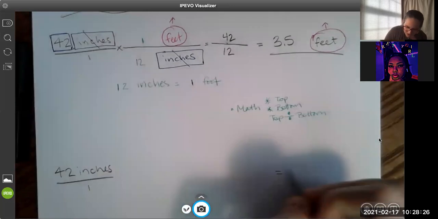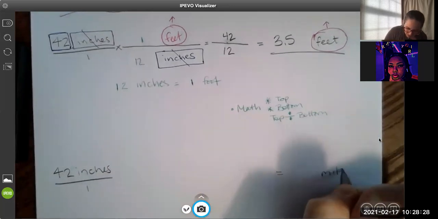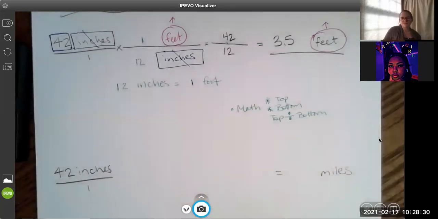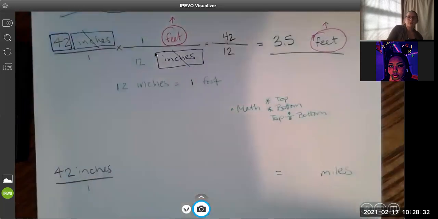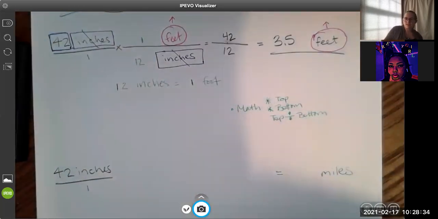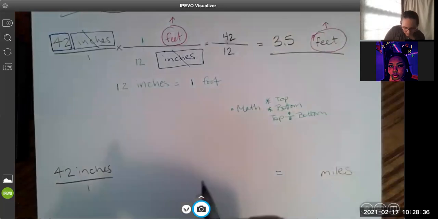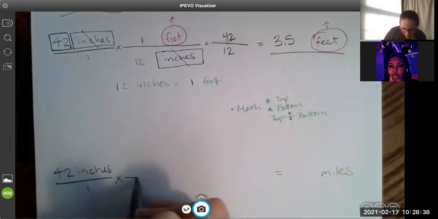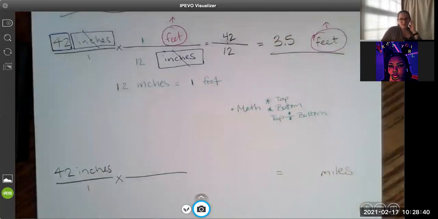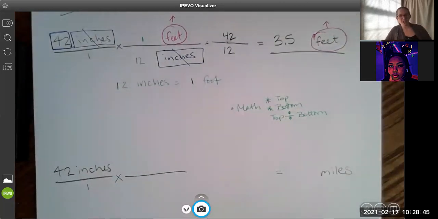These are 42 inches, and we are going to take that to miles. Okay. Well, do you want to think? Go ahead and think out loud. What do you see? What do you think?